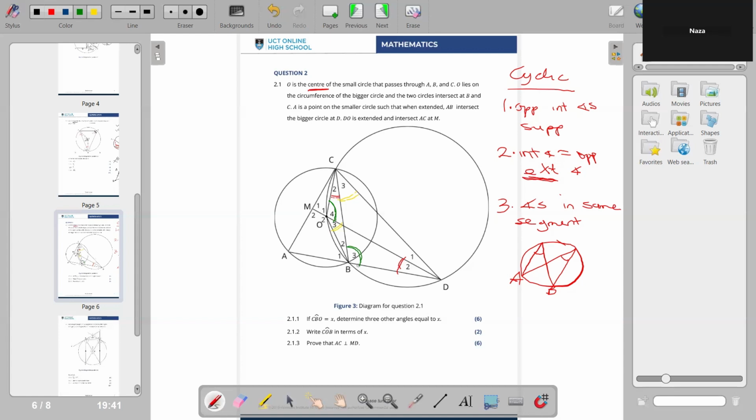First question, what are they saying? Can you read? If angle CBO is equal to x, determine three other angles equal to x. Okay. Let's mark the angle which they are talking about. They said this angle CBO is this one, right?